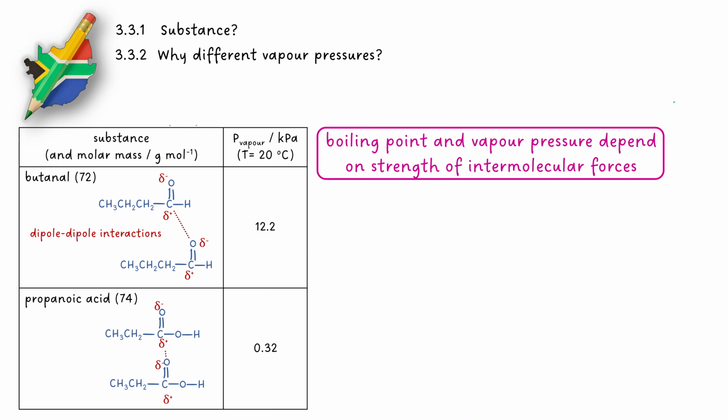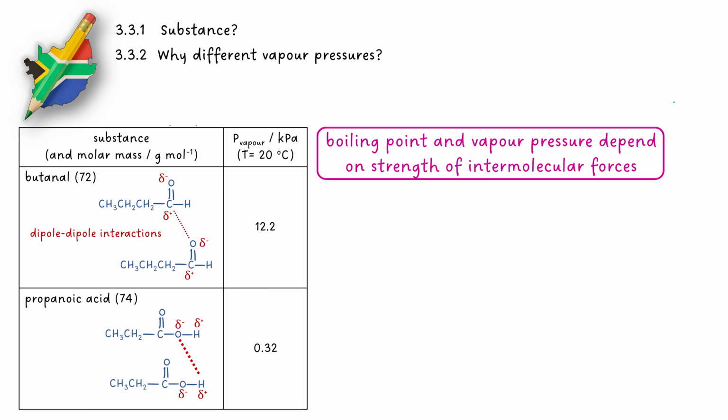In propanoic acid, there are also dipole-dipole forces and London forces. However, these are not the strongest intermolecular forces. In propanoic acid, the hydroxyl oxygen has a slight negative charge, and the hydroxyl hydrogen a slight positive charge. These delta minus and delta plus charges are more pronounced, or stronger, than the charges on the carbonyl.